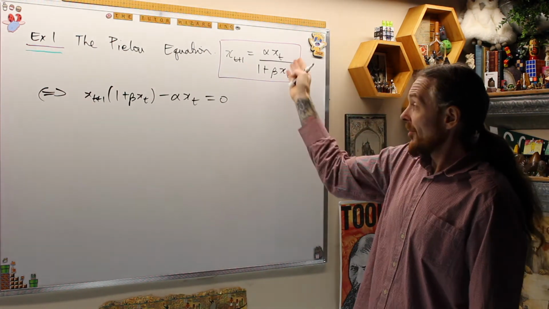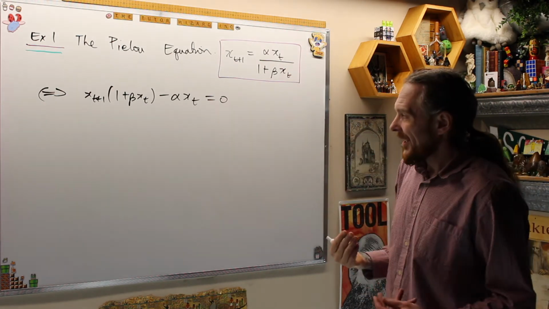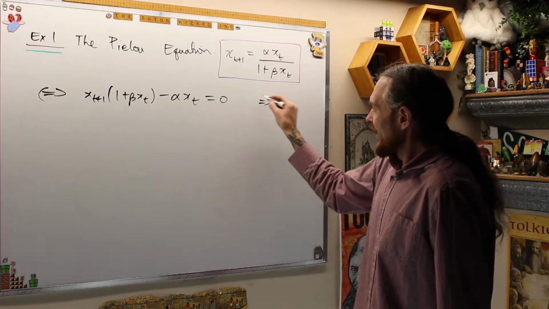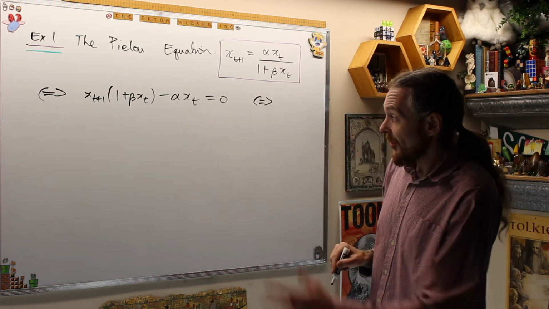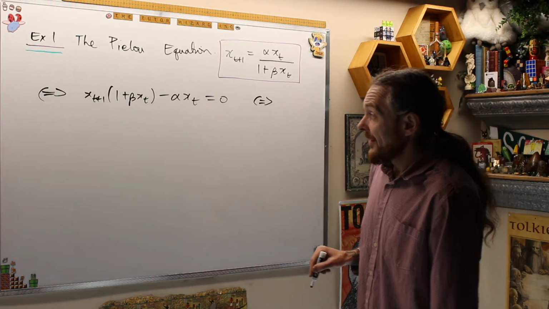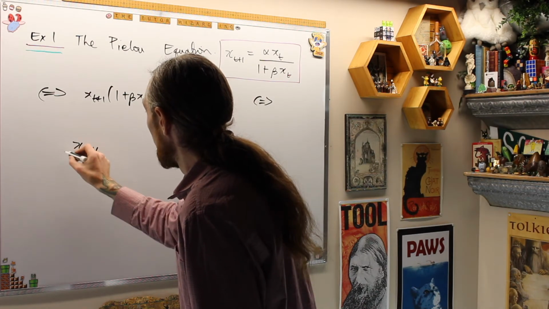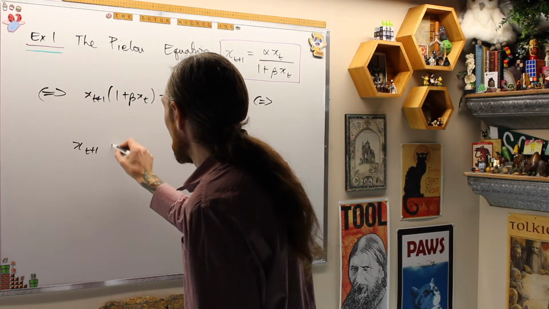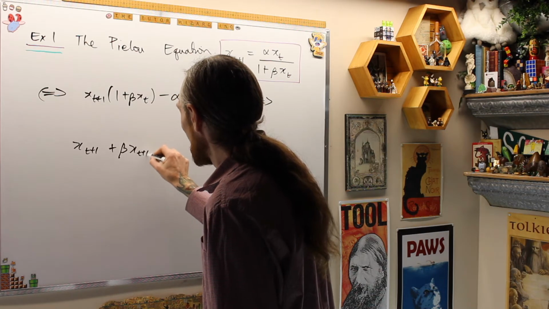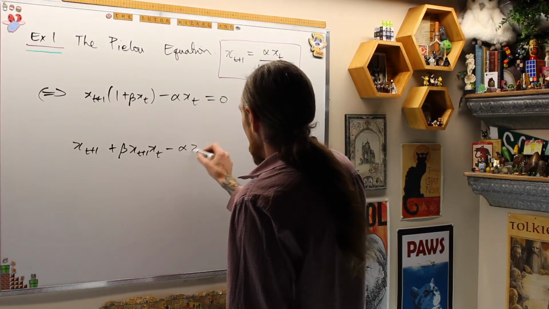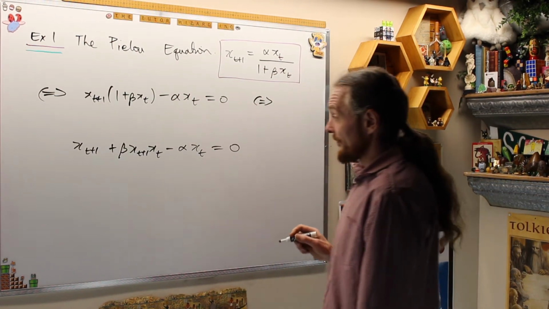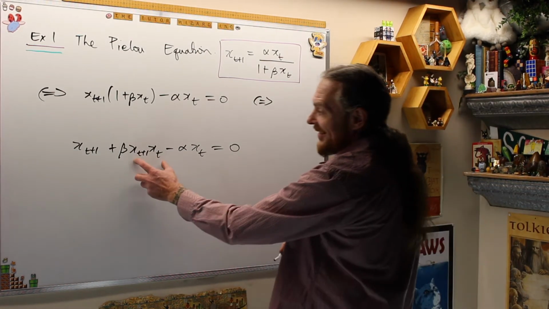I bring this one up, I brought that one over. Now I'm going to simplify it and make it look like we did in the first scene. So what is that going to give me? That's going to give me technically xt plus 1, I'll go slow, plus beta xt plus 1 xt minus alpha xt equals 0.